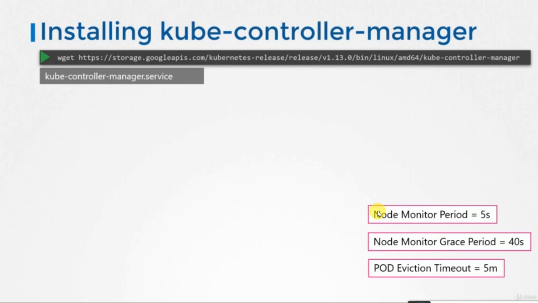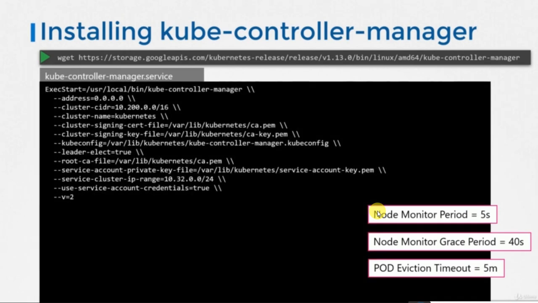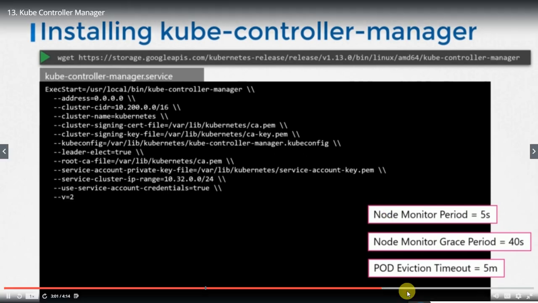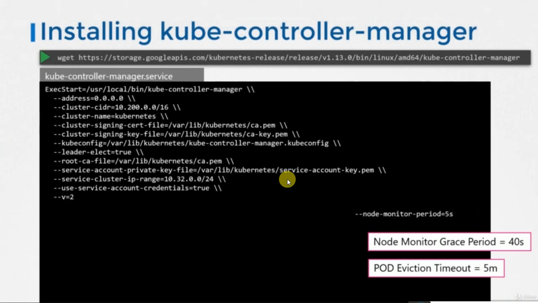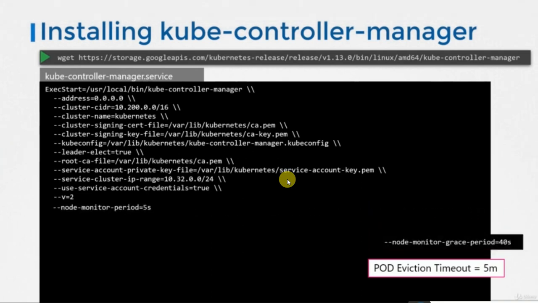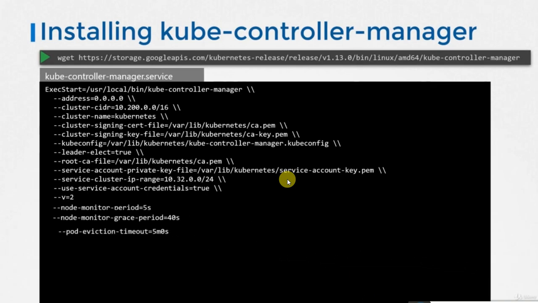When you run it, as you can see, there is a list of options provided. This is where you provide additional options to customize your controller. Remember, some of the default settings for node controller we discussed earlier, such as the node monitor period, the grace period, and the eviction timeout, go in here as options.